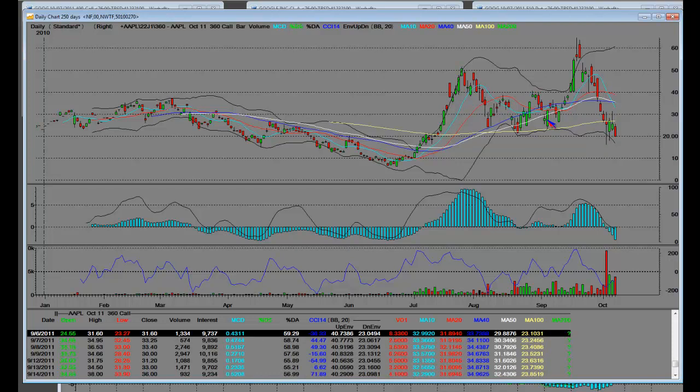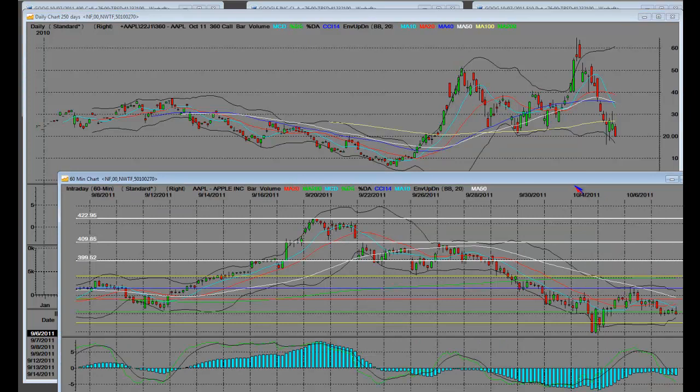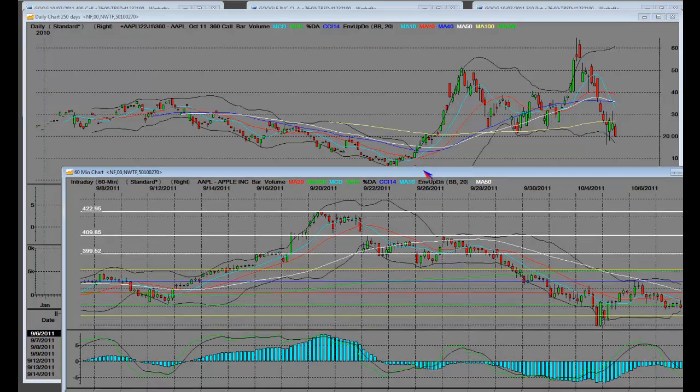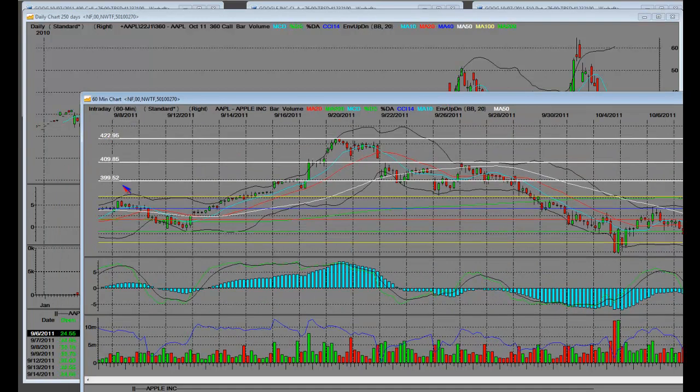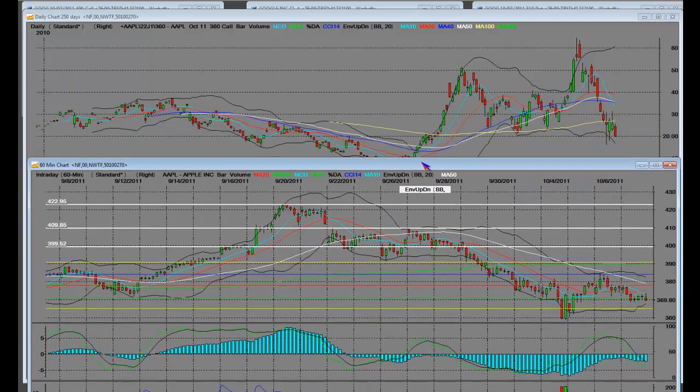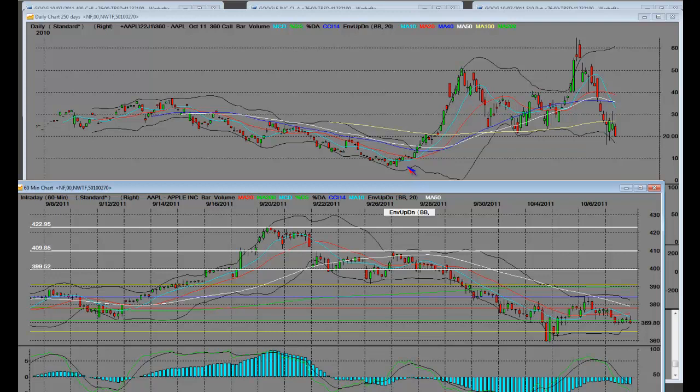And it started over here on 9/6. And once again, if I go back over here to 9/8, but on the 12th, I can see where my calls were really burning on 9/12. And they peaked, and at the time my calls were breaking out to all-time highs up here.